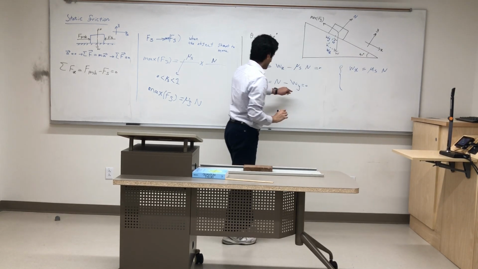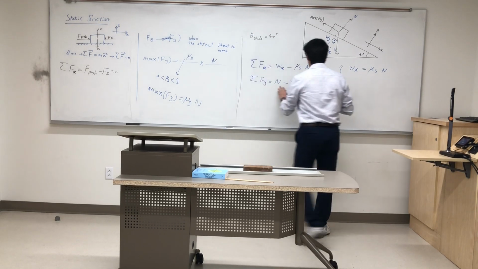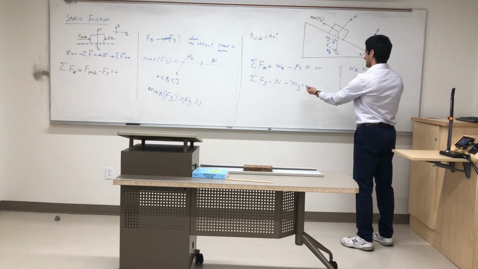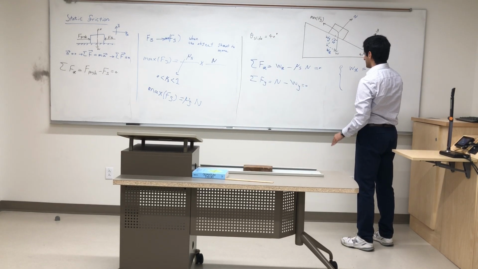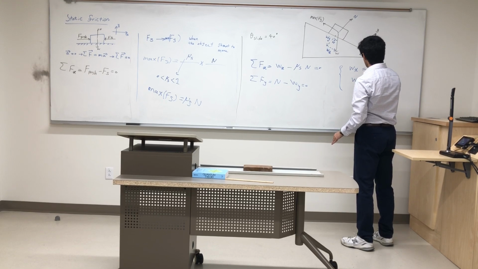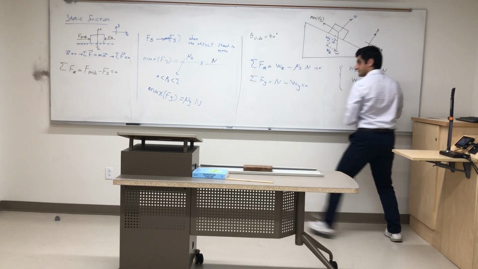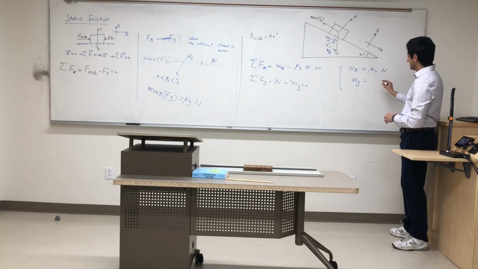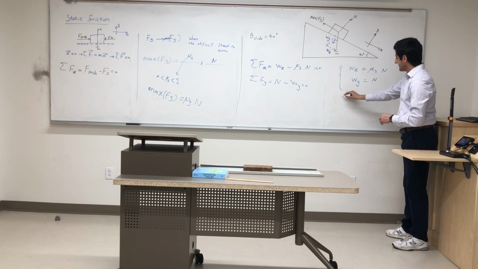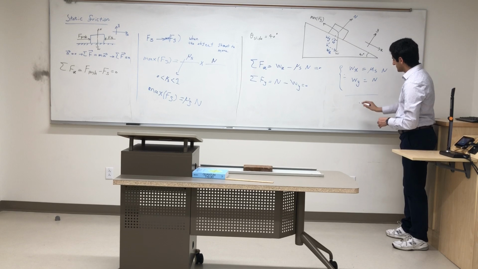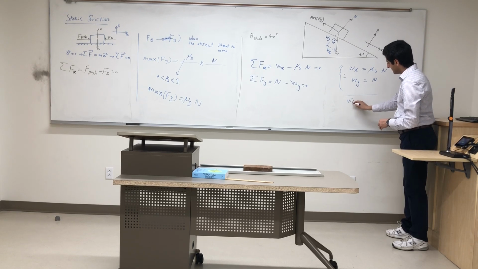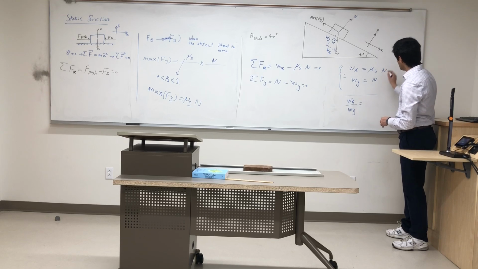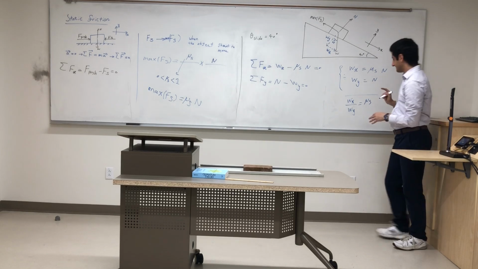And normal force, if I just rearrange this second equation, I will get, weight along the y-axis is equal to normal force. By dividing these two equations, I get weight along the x-axis divided by weight along the y-axis is equal to mu s, because these two N cancel out each other.